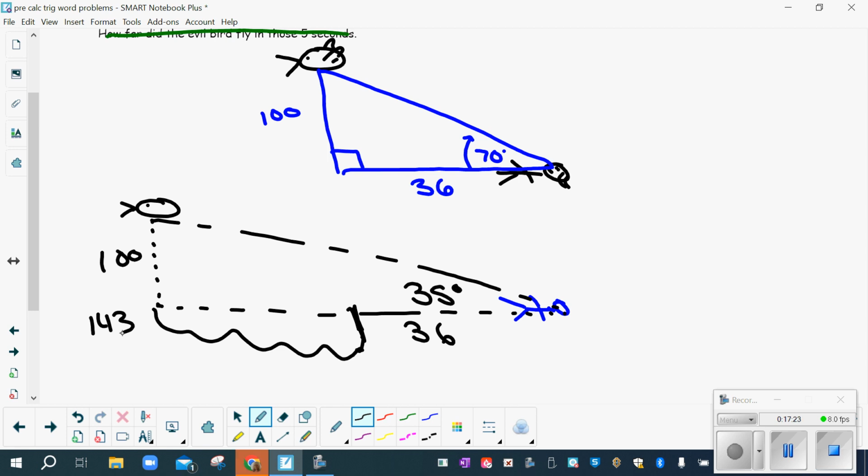Okay, so the answer, by the way, is 143 minus 36. I got about 107 feet. Okay, I feel like I'm losing you a little bit, so let me tell you what our plan is. I am willing to, rarely, I hardly ever do this, give you no homework.